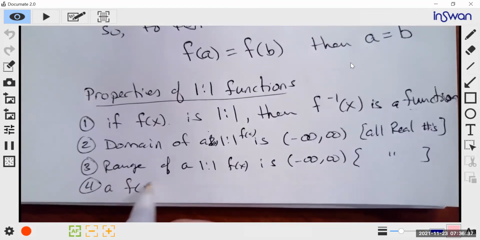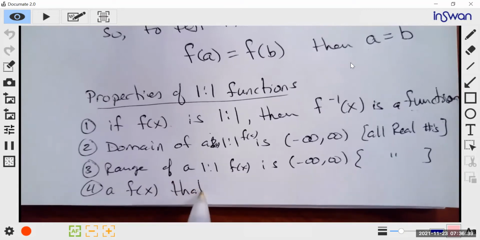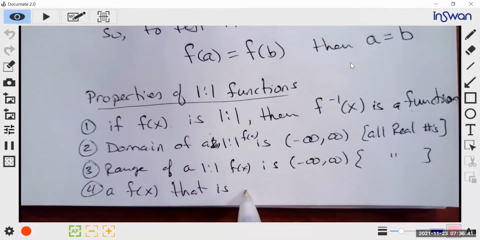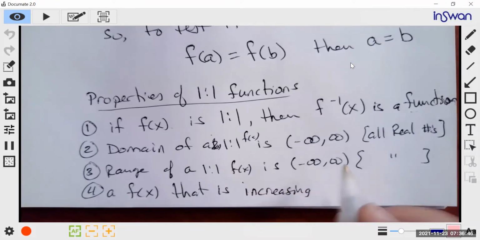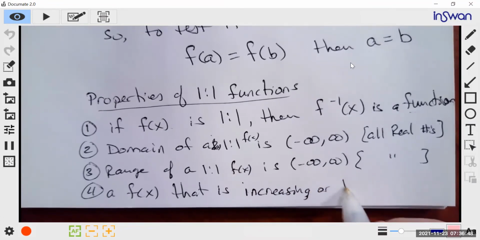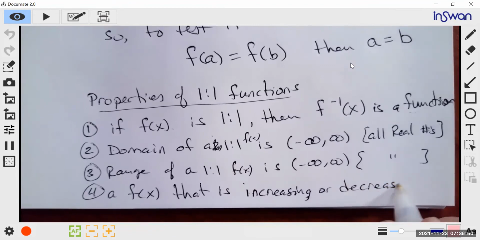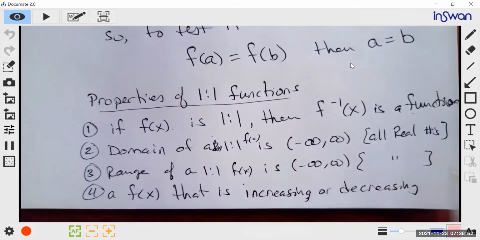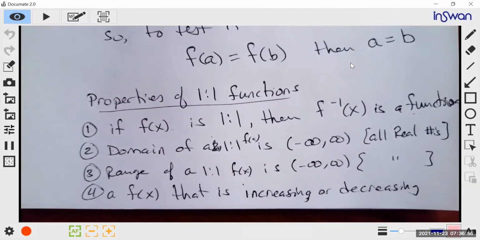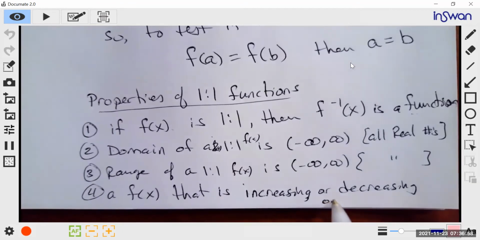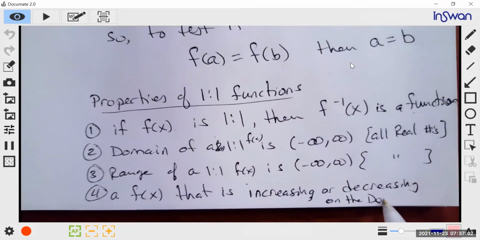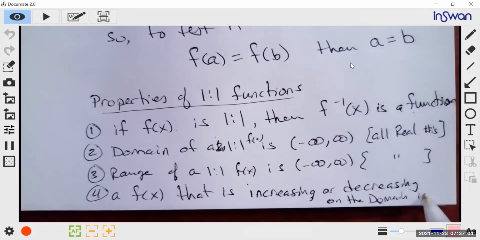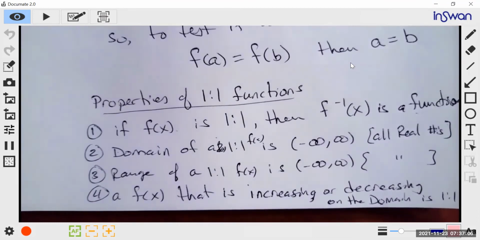A function that is increasing or decreasing on the domain is one-to-one.